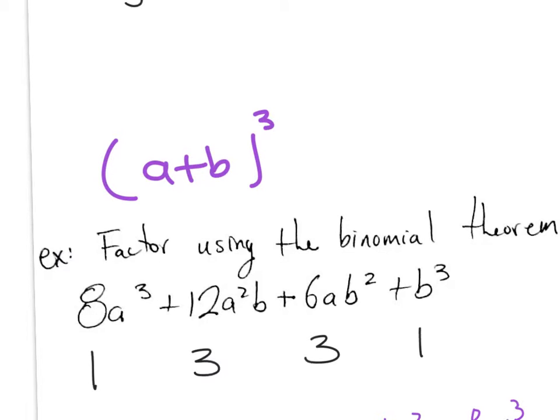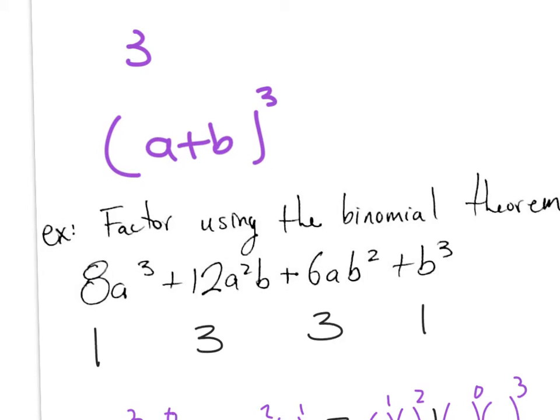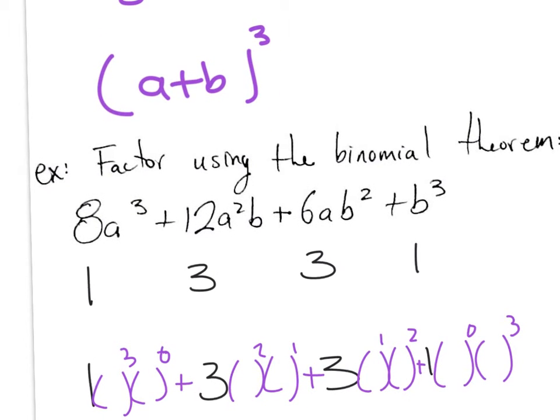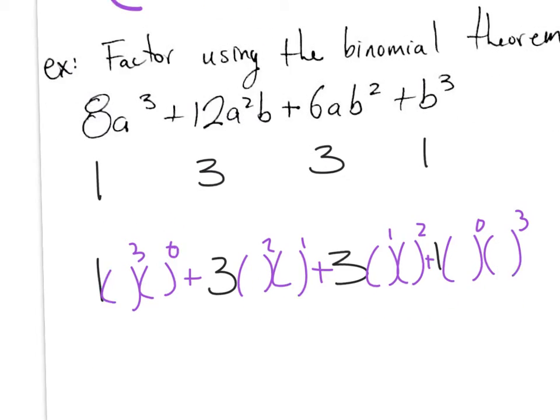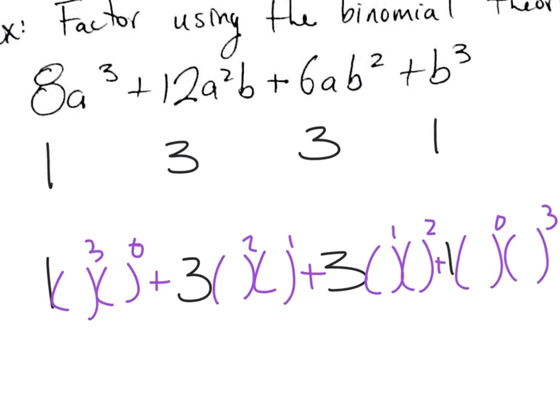But if we expand this out, here's what we get. Oh, I think I have this written, never mind. If we expand this out, we get this. So our coefficients from Pascal's triangle are 1, 3, 3, 1. And something to the third, something to the 0, something squared to the first, second, and 0, 3. And in here, we're going to have A's and B's.